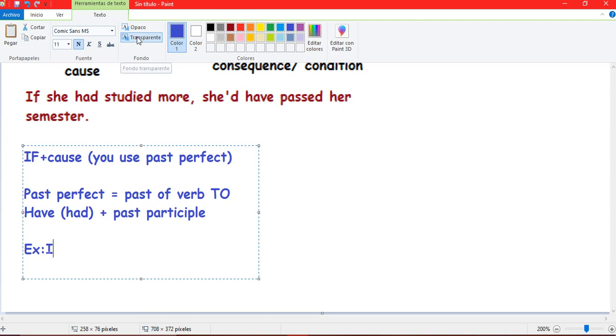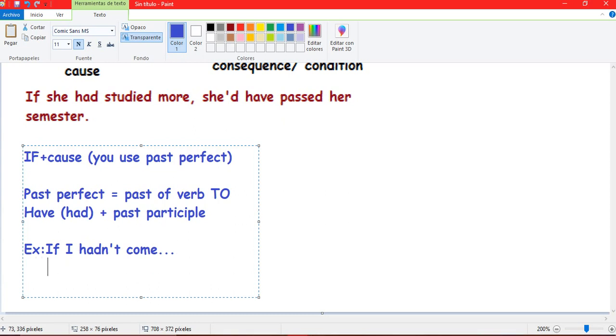So we can say, if I hadn't come. In this case it's negative, or in the second exercise, if she had studied.